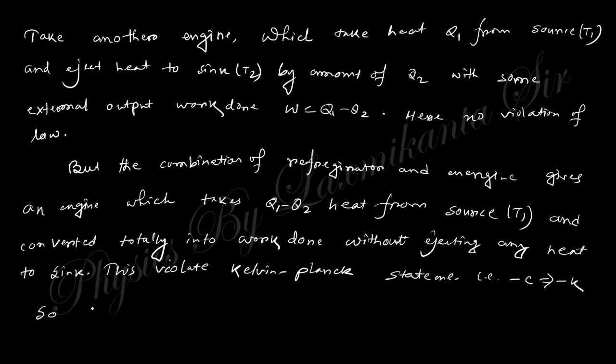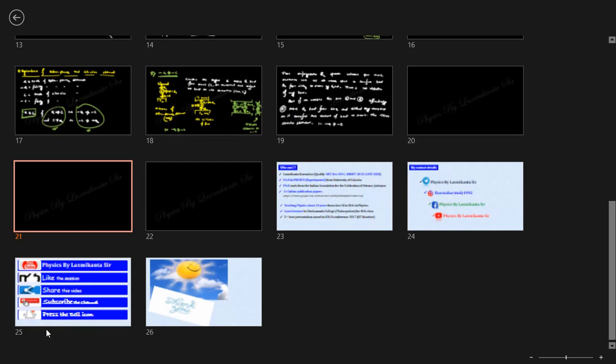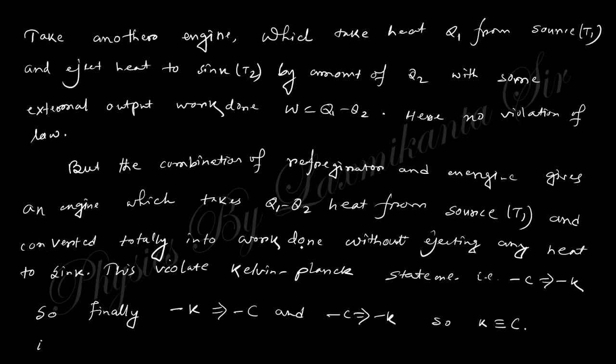So finally we can say minus K implies minus C and minus C implies minus K. So K is equivalent to C. That is, Kelvin-Planck and Clausius are equivalent.